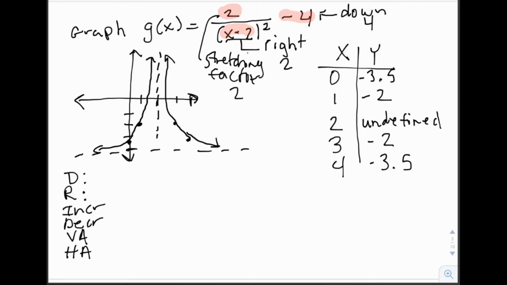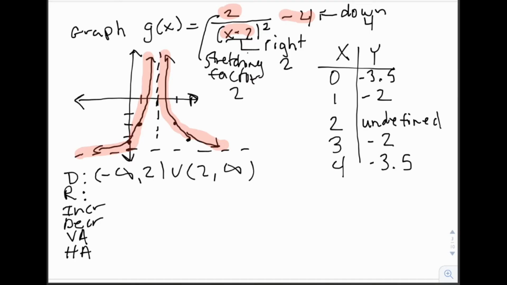For our domain, we're going to go from negative infinity all the way to, it looks like we stop at this 2. We can do our right hand side as well: we'll start at that 2 and then go all the way to infinity. So in other words, we can say negative infinity to 2, union 2 all the way to positive infinity.